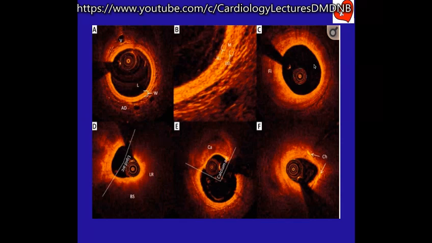These are proper terms: atheromatous blocks with low attenuation. Just to describe it further, I put up different pictures for some meaning. This is different from this, and this is different from this. So you have to describe it.